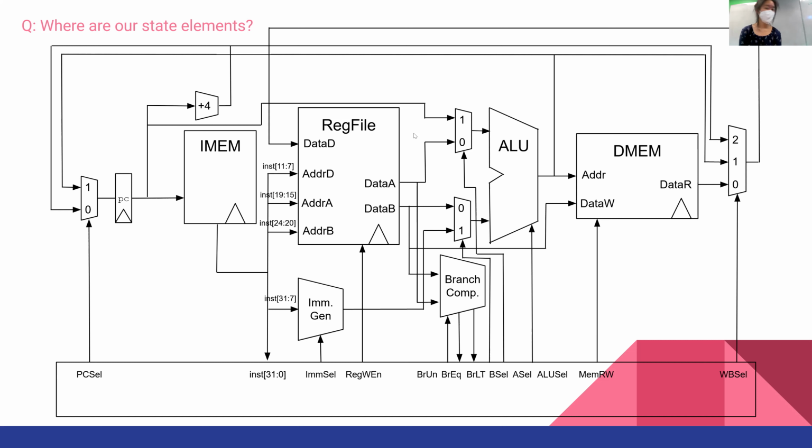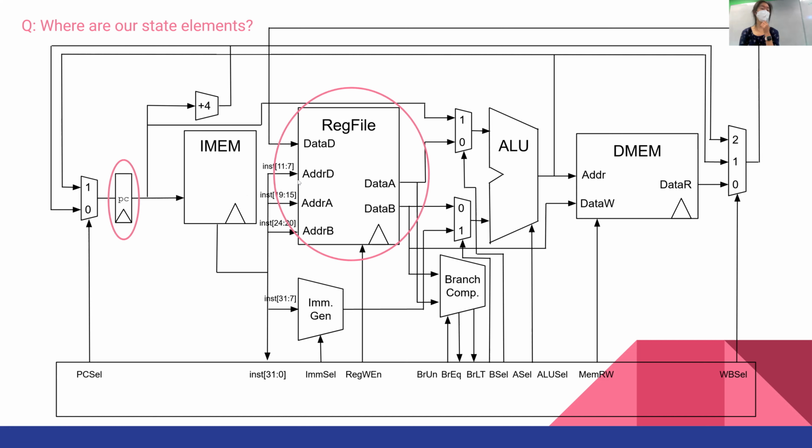DMEM, yep, because memory definitely keeps state. IMEM, instruction memory, also keeps state. We store the instructions. And not PC select, that's a signal, but yes, the PC register is also one.